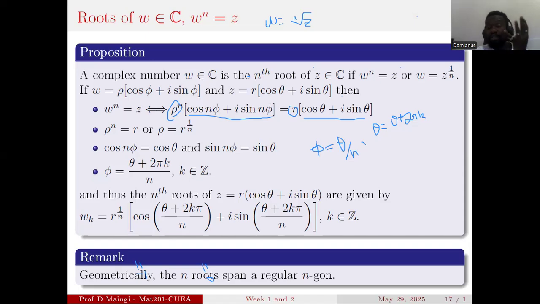If it's the square root of Z, there will be 2 roots, and the 2 roots span a line. If it's 4th roots, there will be 4, and they form a square, and so forth. Okay, so let's look at an example.